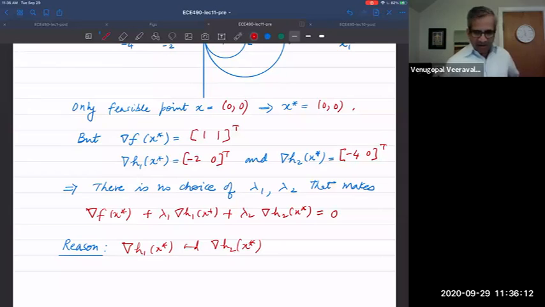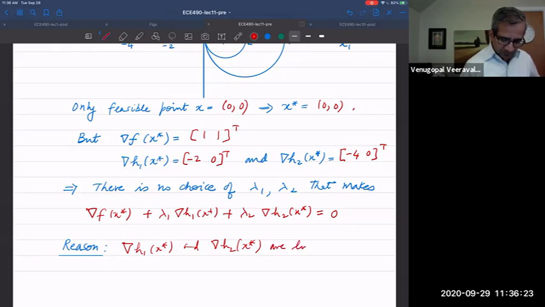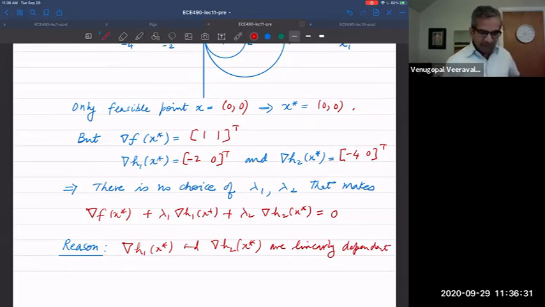But in this example, the reason we are not able to find Lagrange multipliers is this linear dependence. They're not linearly independent. Okay, is this example clear to everyone? Any questions?